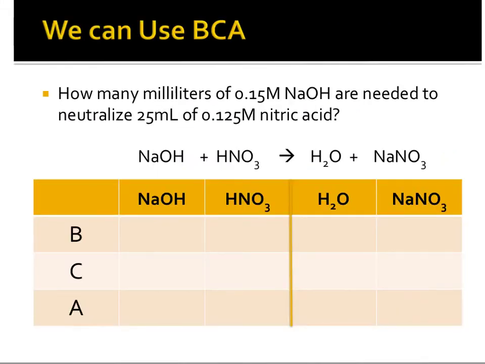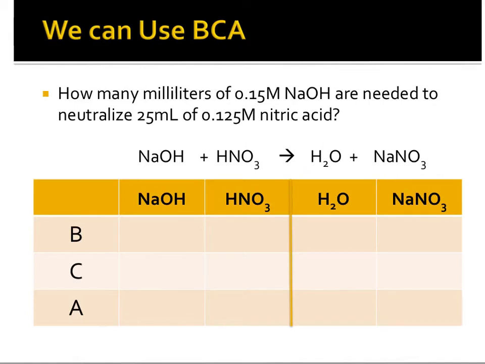All right, joy of joys, we get to put acids and bases in with our BCA tables. This is really similar to what we did in the last unit when we were discussing molarity and using the molarity equation and M1V1 equals M2V2. Now we're just specifying that this is the concentration of a base.